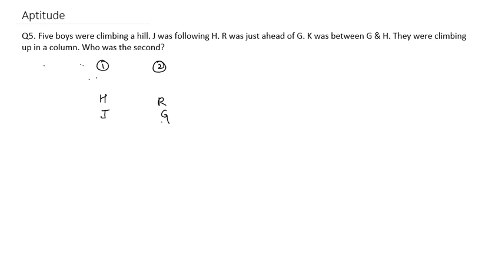And the third condition is K was between G and H. So K should come, it cannot come before G, it can come only after G. So K here, H should come afterwards, so this block will come here.